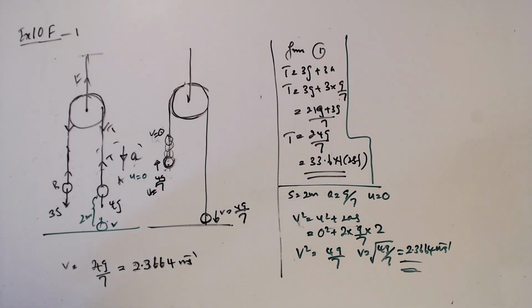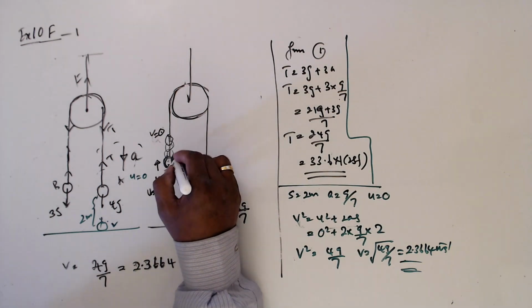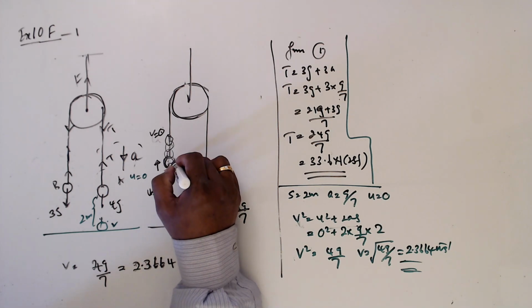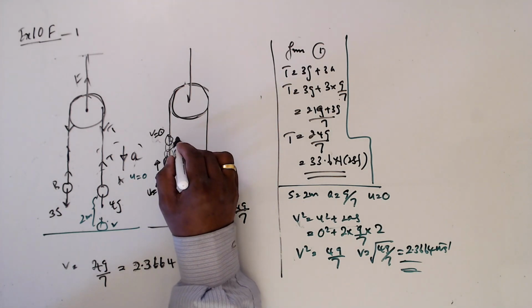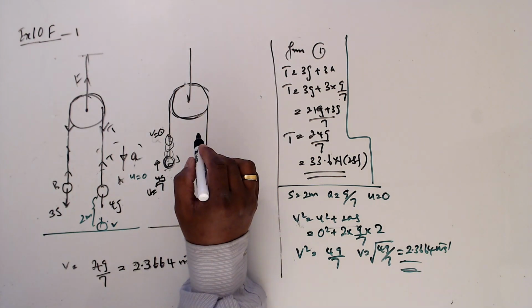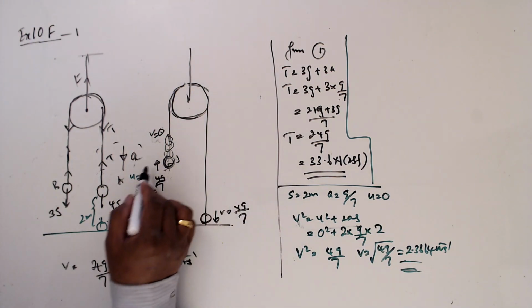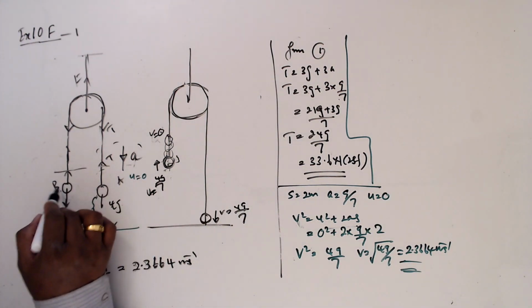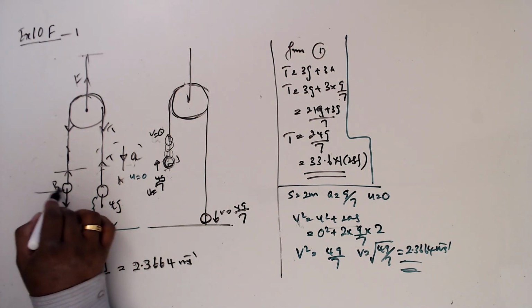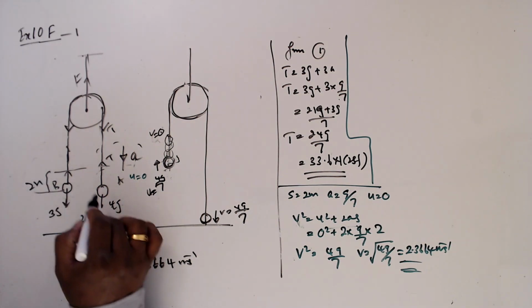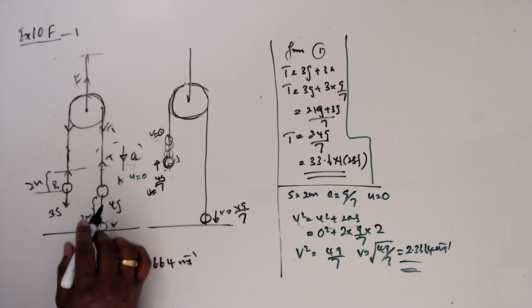So the question is asking, assuming B does not hit the pulley, find the greatest height that B reached above the initial position. So from the initial position, it means from here to here 2 meters moved, because this distance is 2 meters.